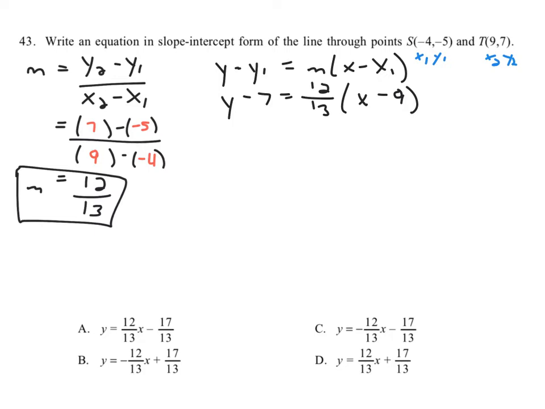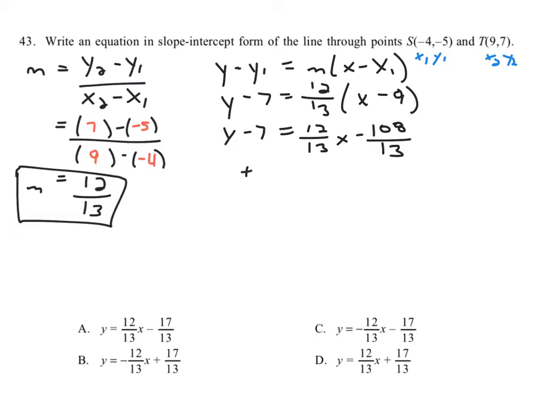And of course now I say y minus 7 equals, I got to distribute this through, 12/13 x and minus, what is 12 times 9? 12 times 9 is 108 over 13. Now I'm going to add 7 to both sides because I need to read y equals.